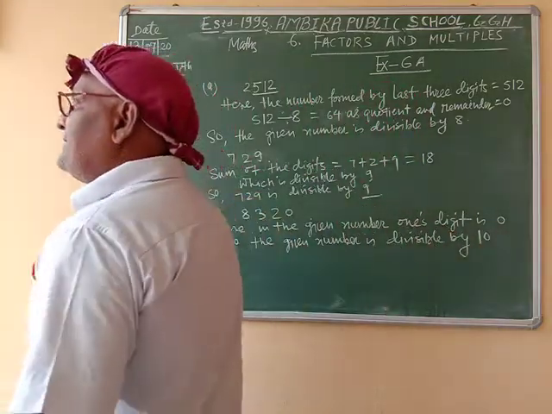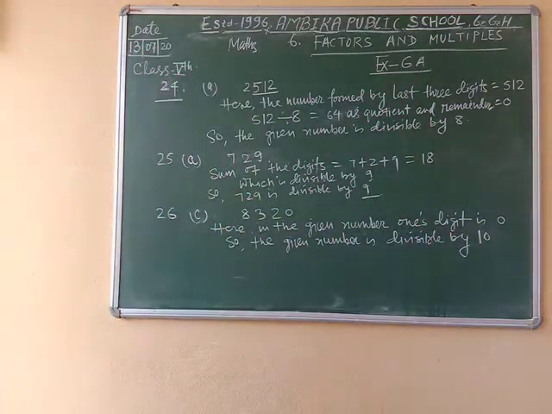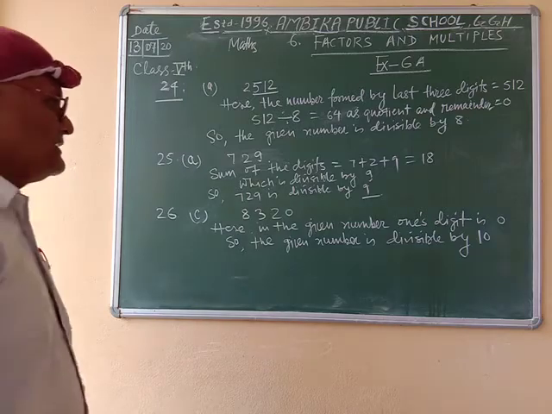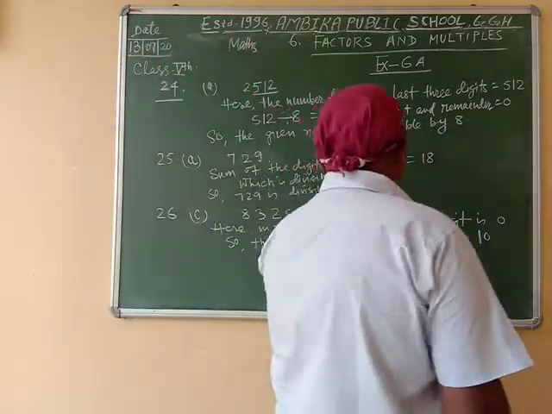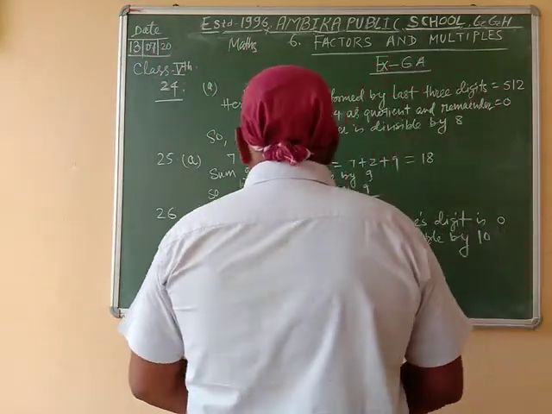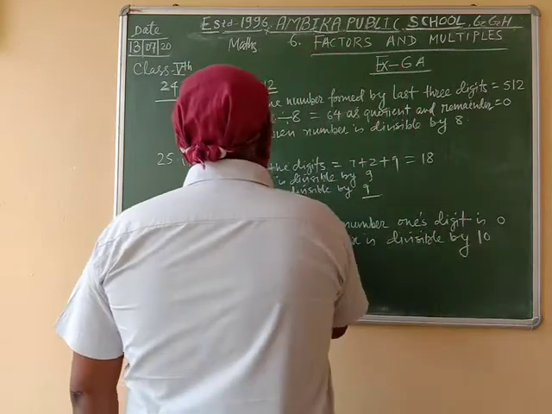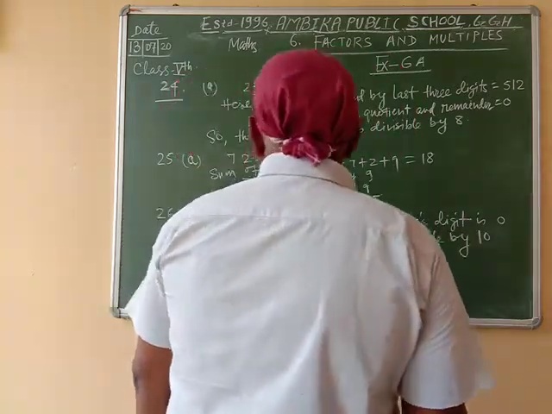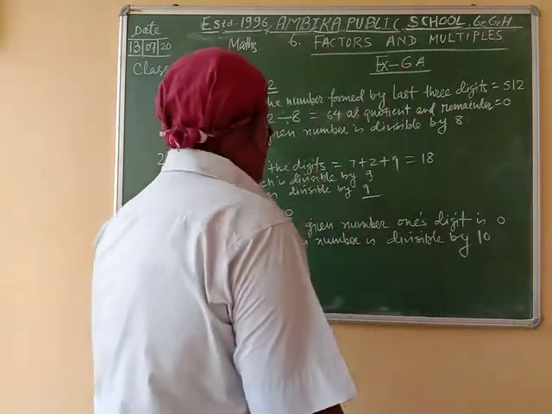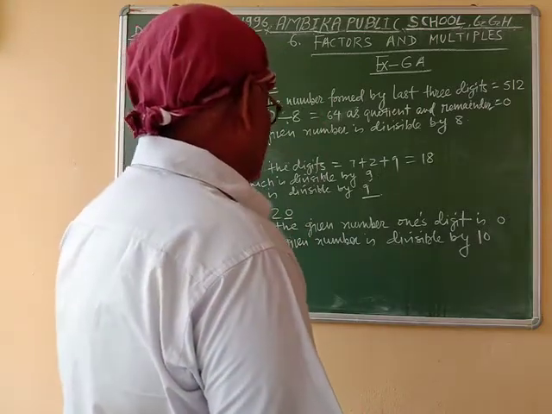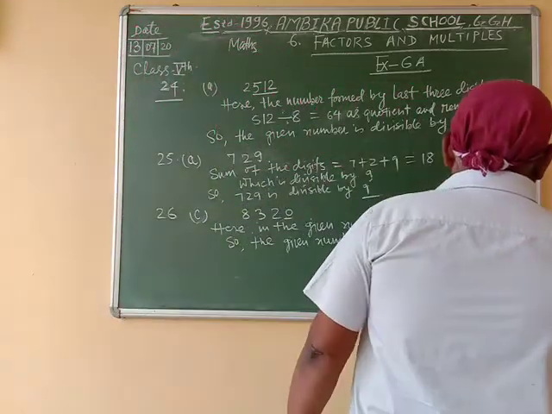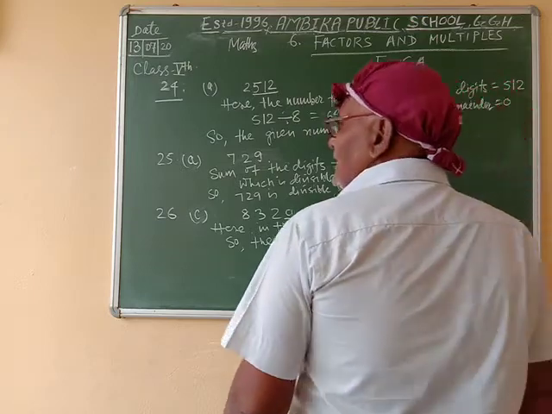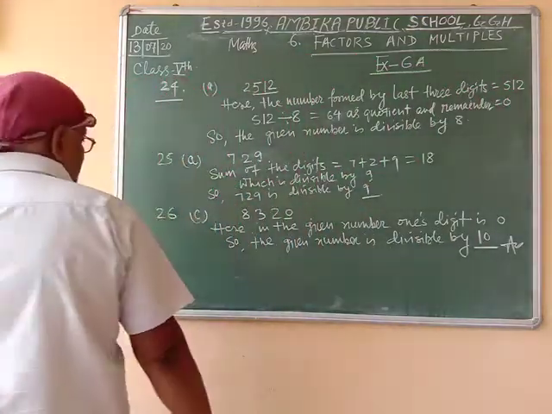A number is divisible by 10 if the ones digit of the number is 0. In 8320, the ones digit is 0, so the whole number is divisible by 10, according to the divisibility test.